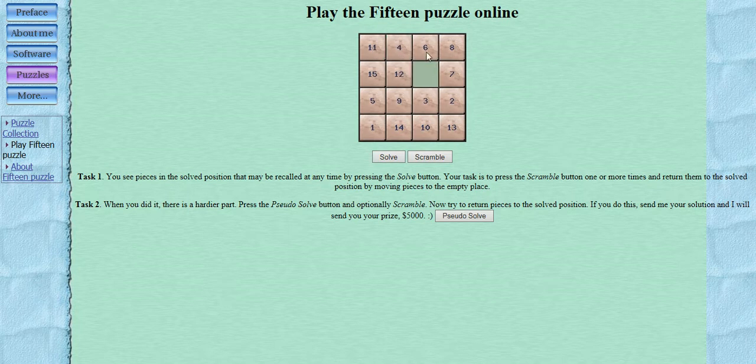Moving the 4 upwards and then 4, 6. So the 6 is already at its right place, right? Now I have to bring 5 somewhere. Well, you're used to this, so you can scramble again and again and again, and try to solve this puzzle.